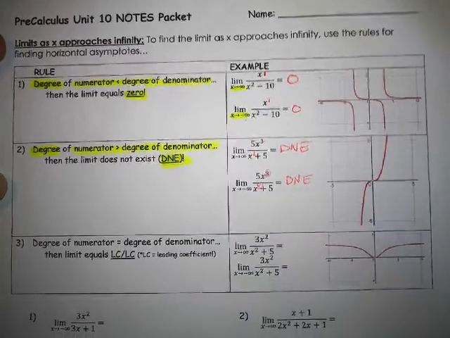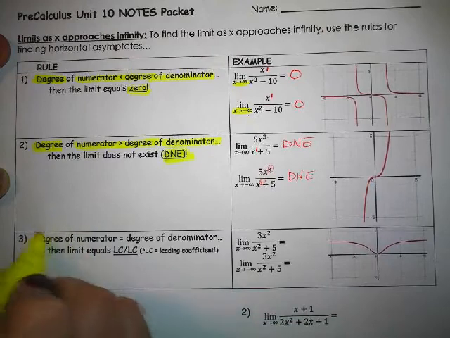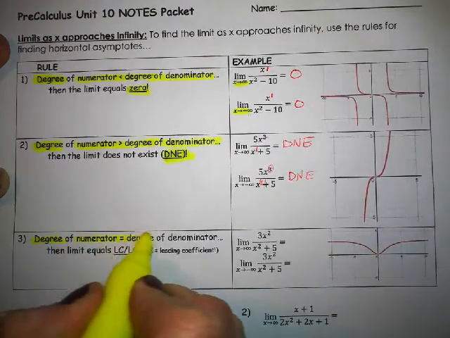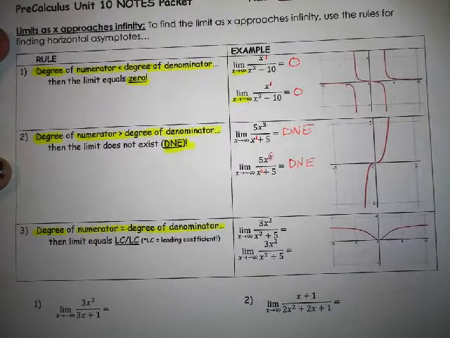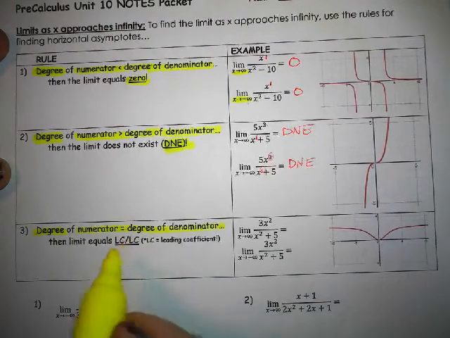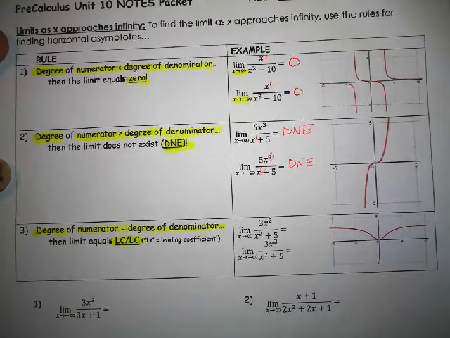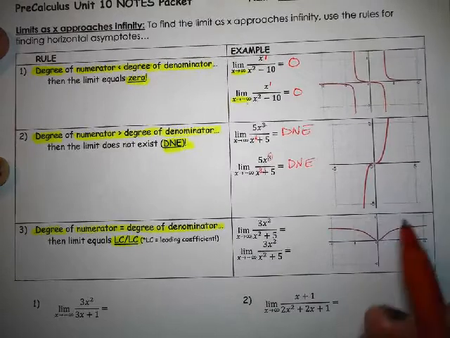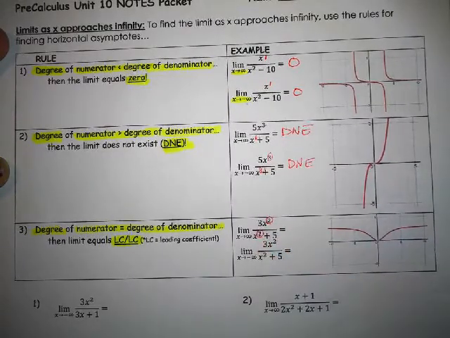Let's look at the third case. The third case that we hadn't discussed is if the degree of the numerator equals the degree of the denominator. And when that happens, you're going to have a value. Your answer is going to be the leading coefficient over the leading coefficient. So let's see what that would look like. Over here in my example, I noticed the degree of the numerator is 2 and the degree of the denominator is 2.